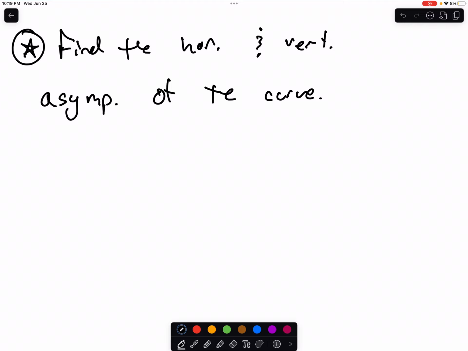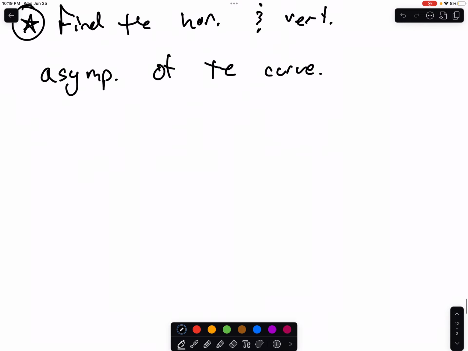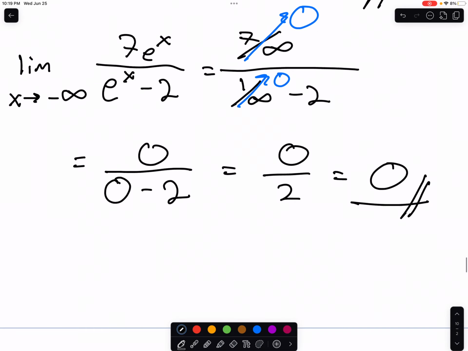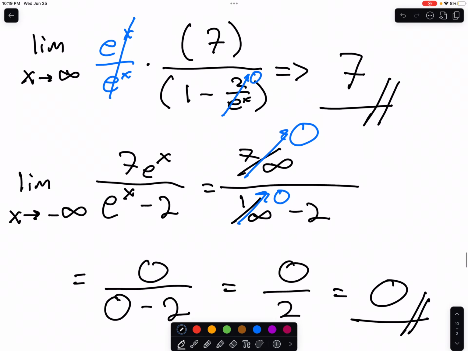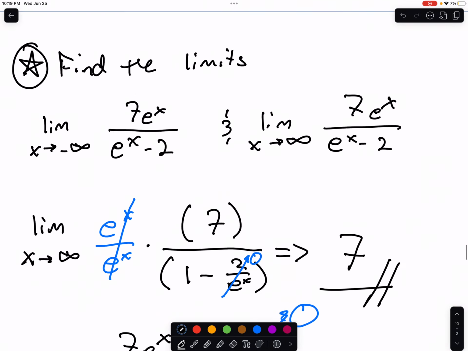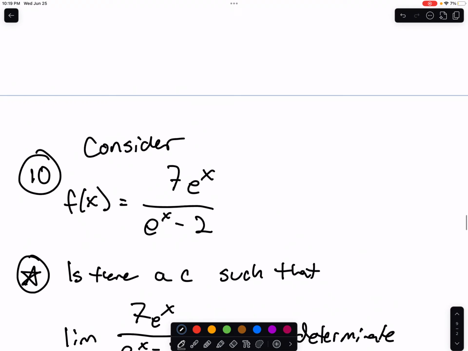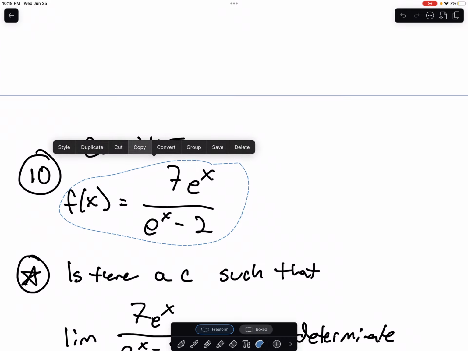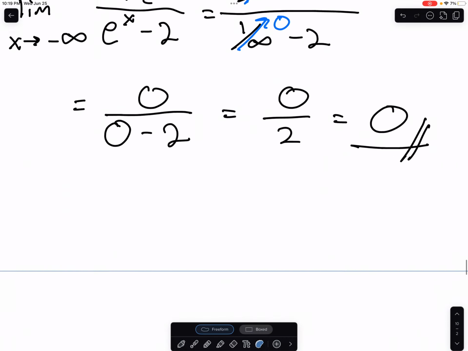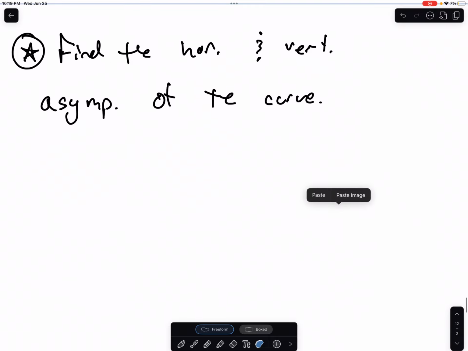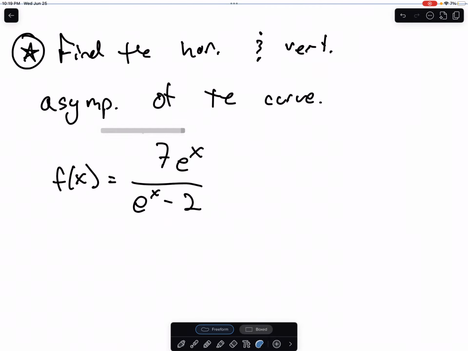Find the horizontal and vertical asymptotes of the curve. I don't have my curve handy. Sorry, I'm just trying to get a copy. Here it is. So the vertical asymptotes are going to be those values of x that make the denominator 0.